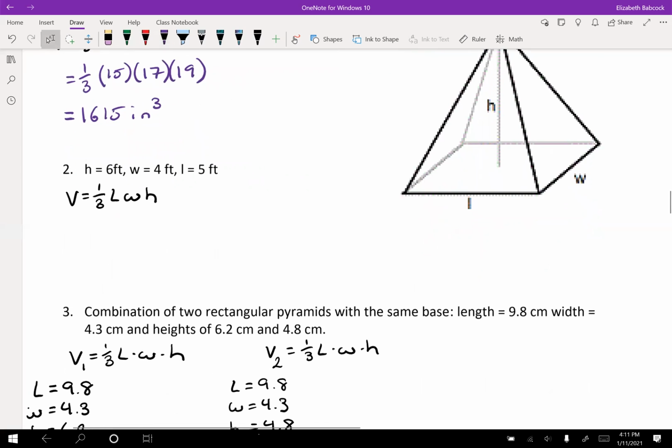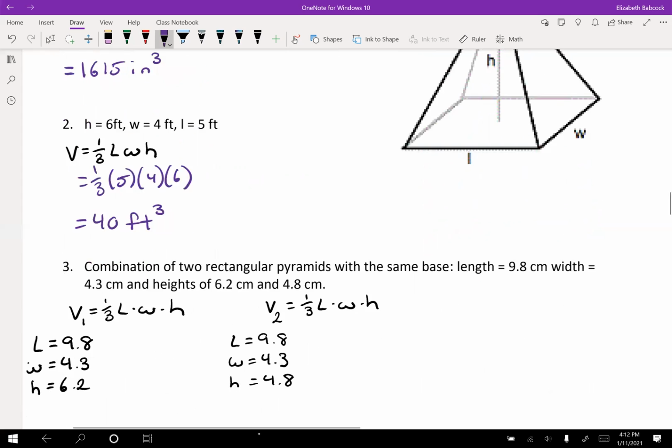Okay, next you do your next one. Length, width, height. 40 feet cubed, to make sure you have your units in there.